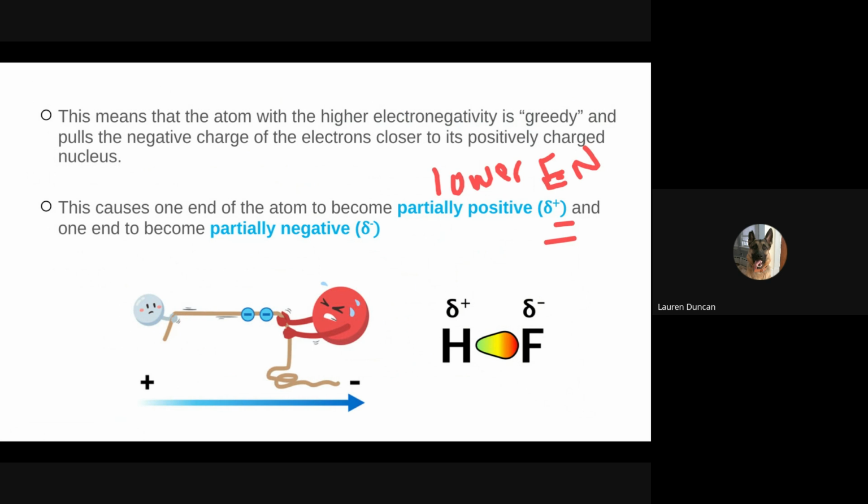And the partial negative end of that polar bond between two nonmetals is going to be the nonmetal with the higher electronegativity value, the one that's going to gain them. It's going to get a partial negative because it's gaining some bonding electrons.